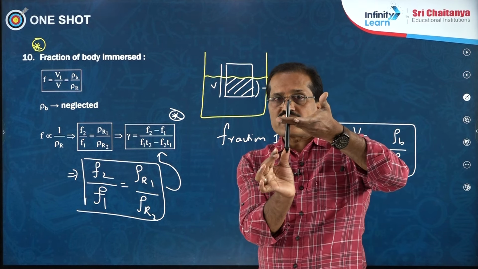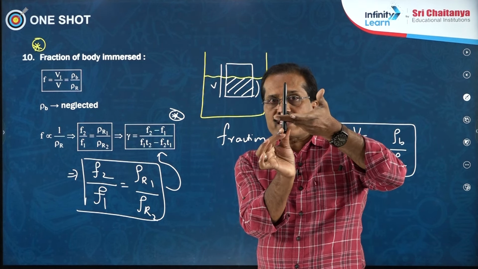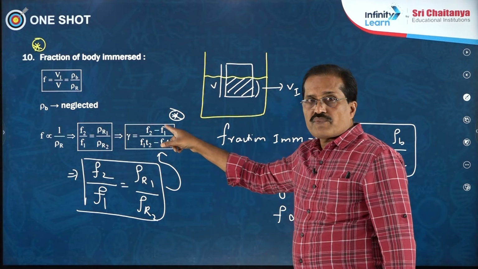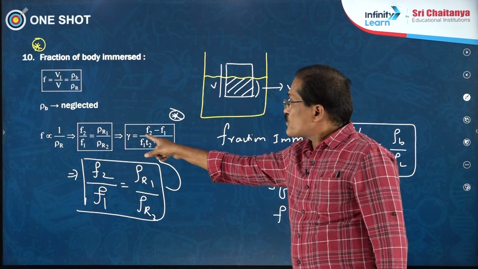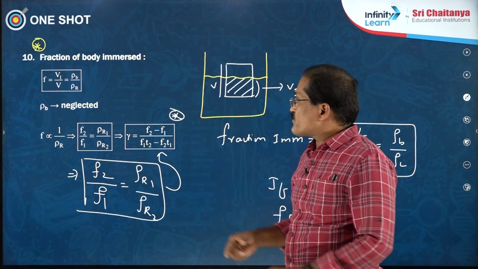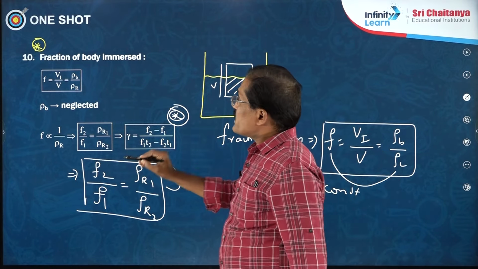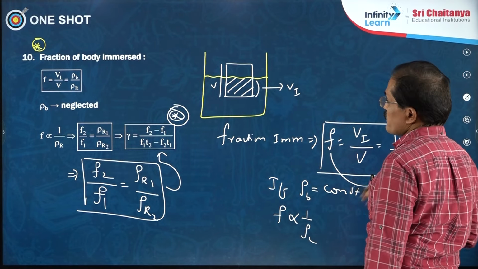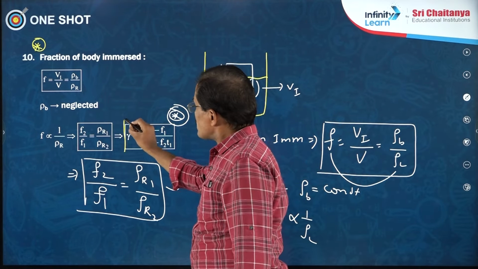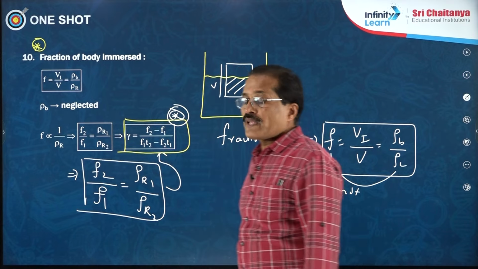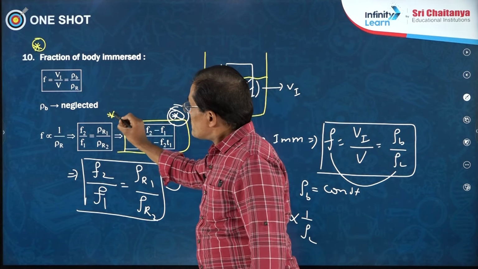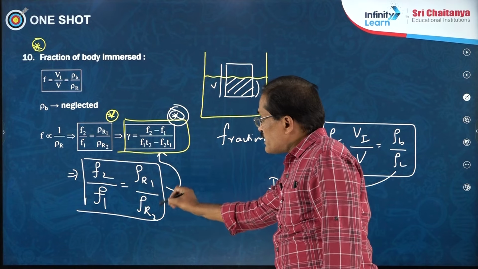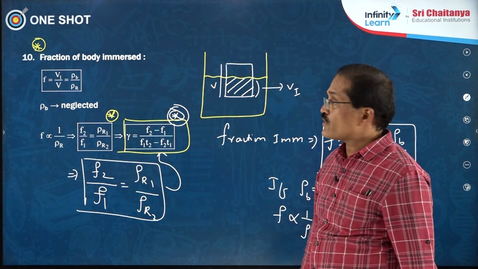Now increase the temperature, the fraction immersed changes, it may increase or decrease. The fraction at the second temperature is F2, at the first temperature is F1: gamma is F2 minus F1 by F1 T2 minus F2 T1. This is an important formula, you just remember. Okay, this is the one you have to memorize. Now from this concept it is just substitution of rho 1, rho 2 at different temperatures, and you are going to get it.